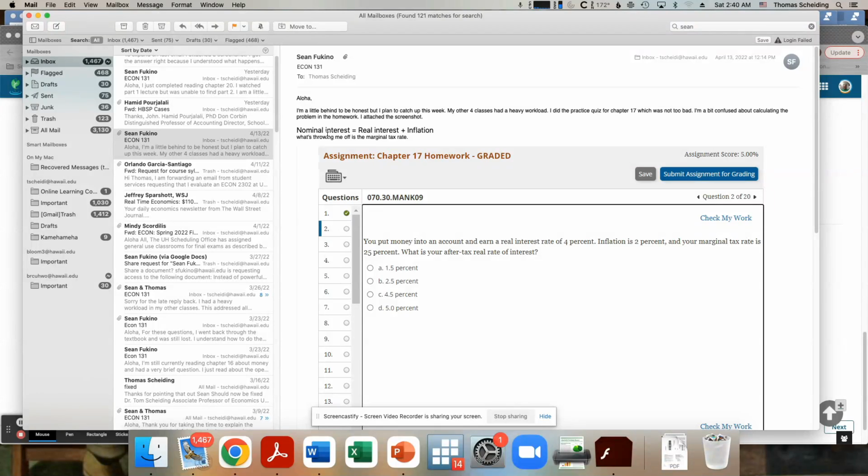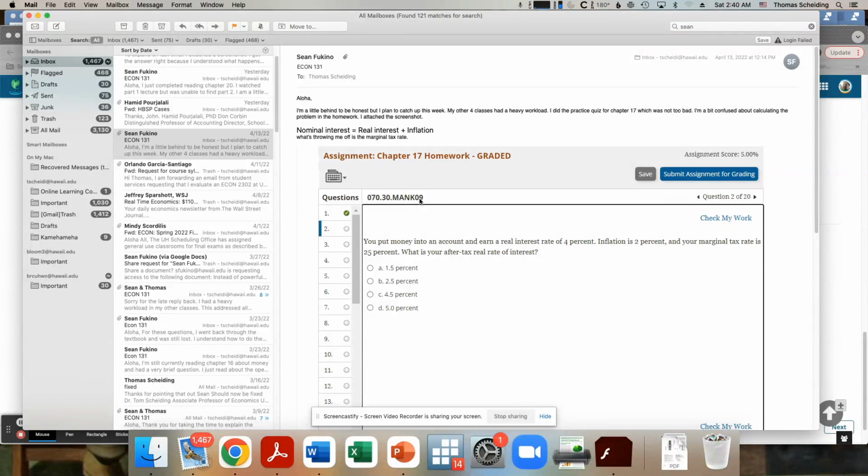With the marginal tax rate of 25%, what that does is it's going to take off 1/4 of the amount. After tax real rate of interest.